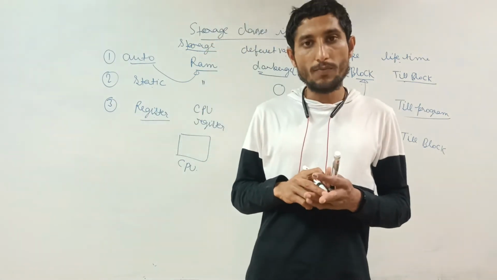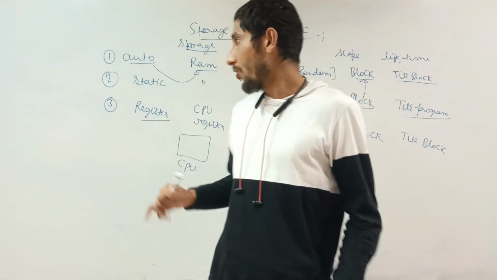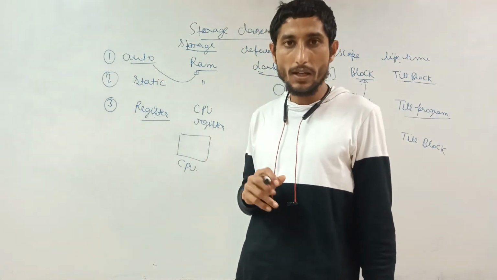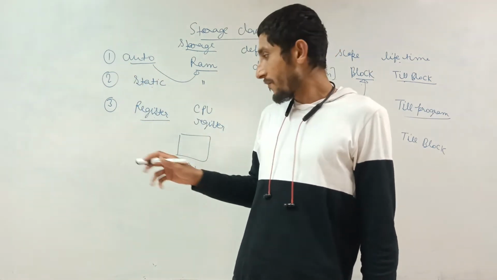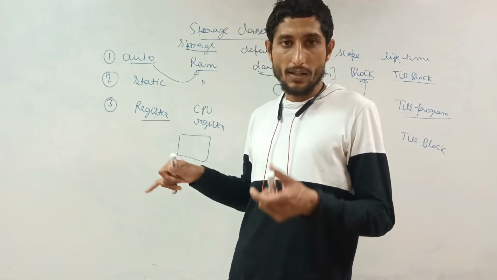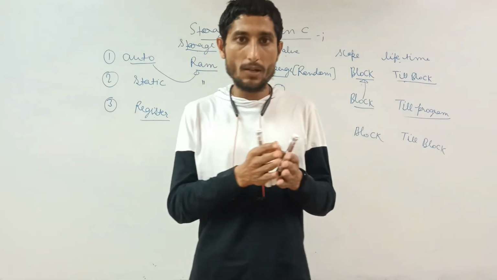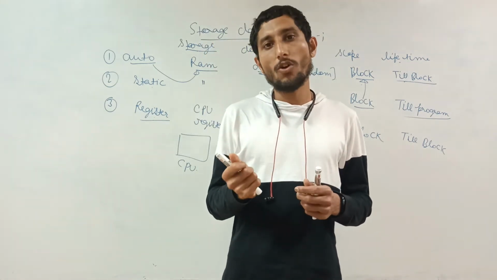Okay, so you might think, sir, all the variables should be declared as register, not auto. But the memory size of registers is quite small, so it is not possible to assign memory for all variables as register. So what is the option?